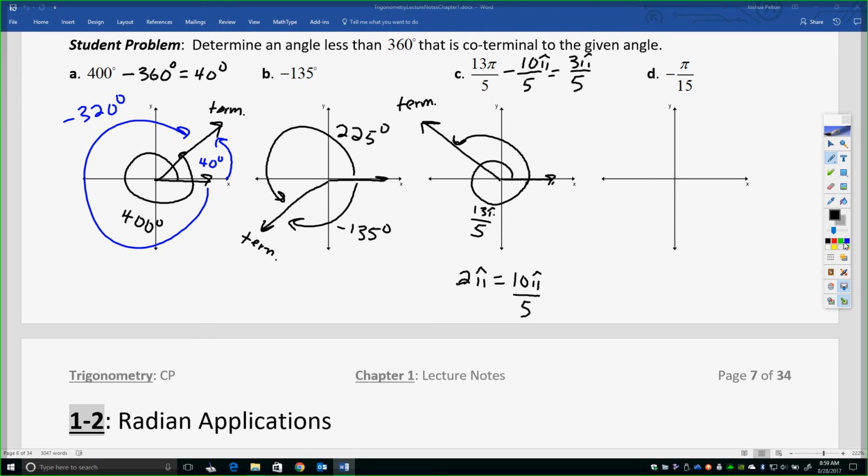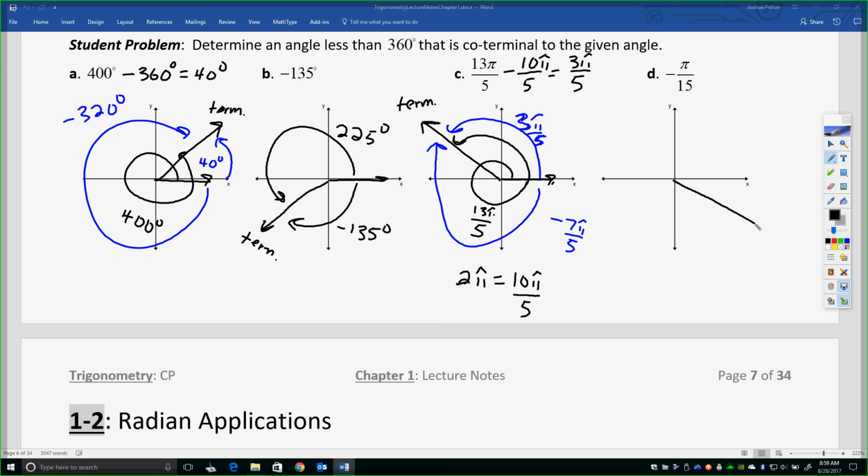Okay, so we use the blue here. This right here is 3 pi over 5. That's the coterminal angle, because it goes to the same terminal side. If I went the other way, which is negative, it has to add up to 10 pi over 5, so that's 7 pi over 5 for the other coterminal angle. Okay, let's try the next one.